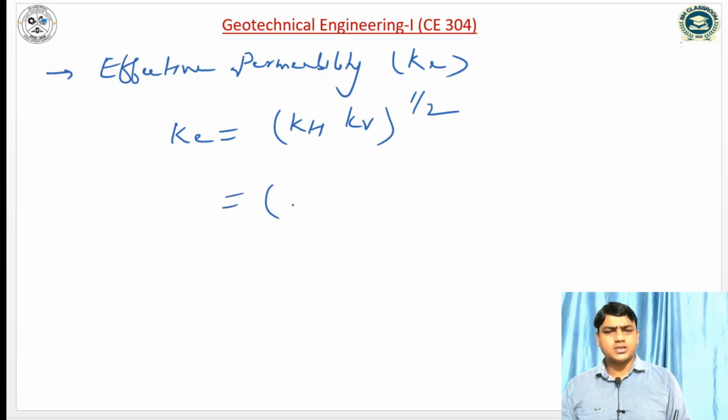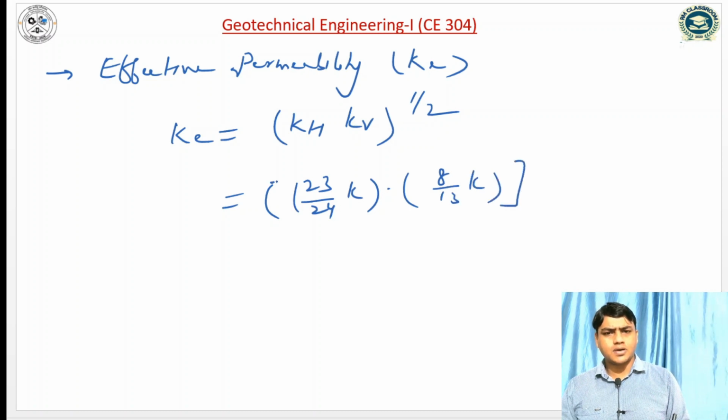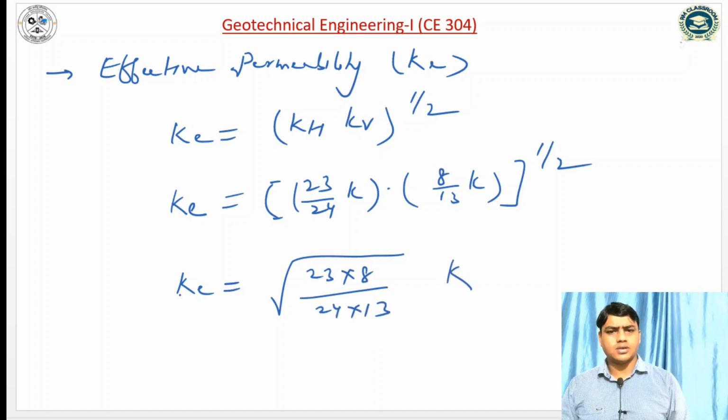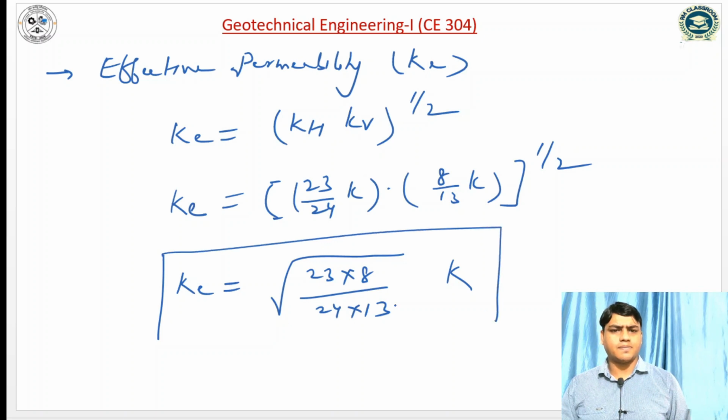So it can be written as 23 by 24 K into 8 by 13 K, and overall power to the half. So this will be the effective permeability. So we can write Ke is equal to square root of 23 into 8 divided by 24 into 13 into K. This will be the effective permeability.